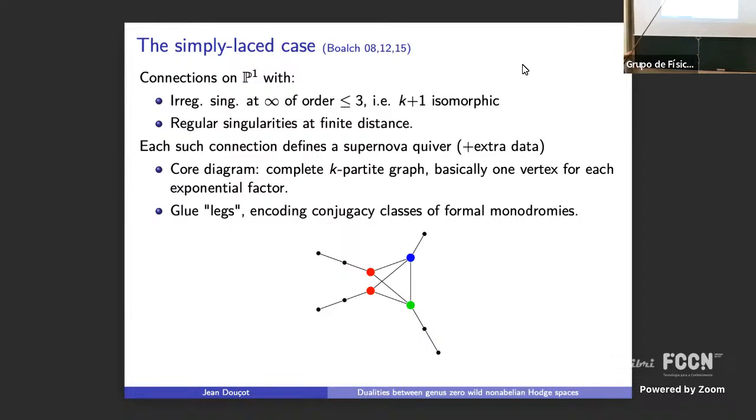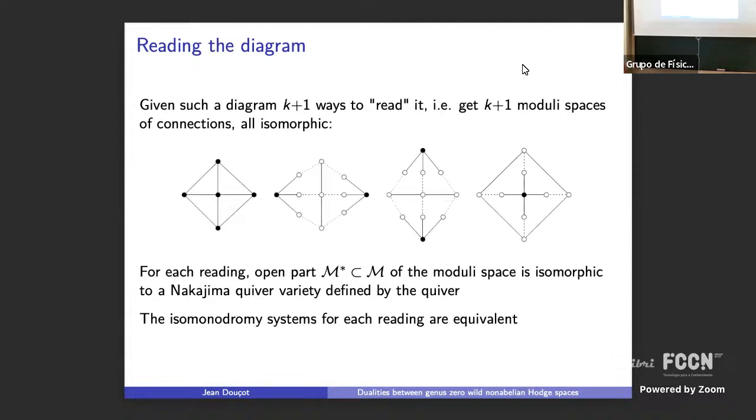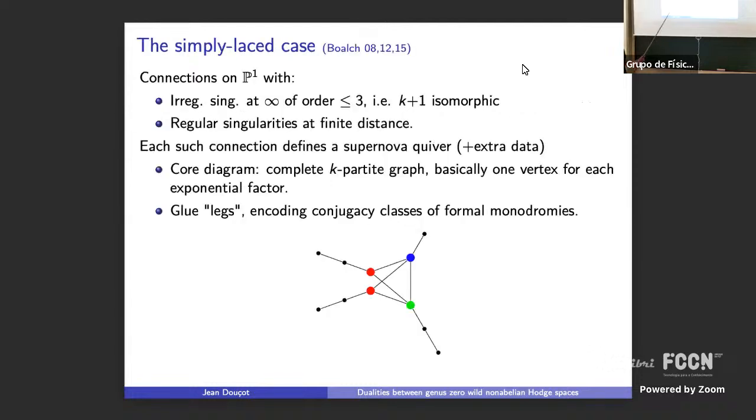Then to this core, you glue legs. There is a way to encode a conjugacy class in GL_N with such a linear quiver, so the legs encode the conjugacy classes of the formal monodromy. So to every simply laced connection, you can associate something like that. The black points are the vertices of the legs.